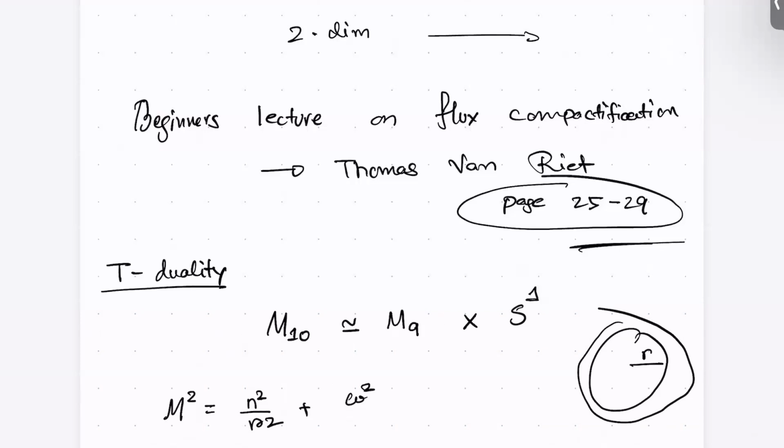Like a string, it has a tension. If you wrap something up, it will be proportional to the tension times the number of times it wraps. So this turns out to be over this constant that we see. Let's not write those constants. But the string length shows up in this. So I invite you to try it out.